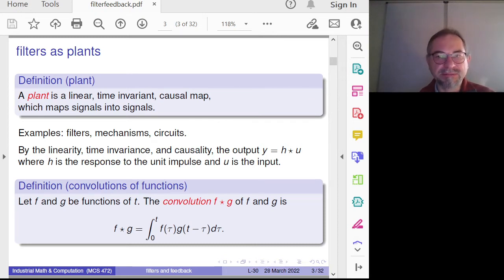The causality means that you cannot make something from nothing, and the plant doesn't change over time. So the definition of the plant does not change, and by these three properties we can characterize a plant entirely by the response to the unit impulse.